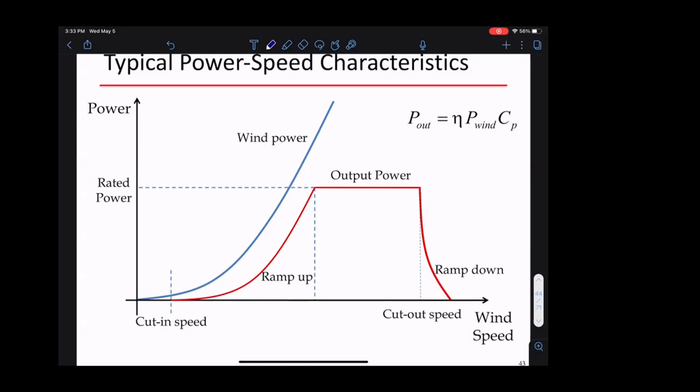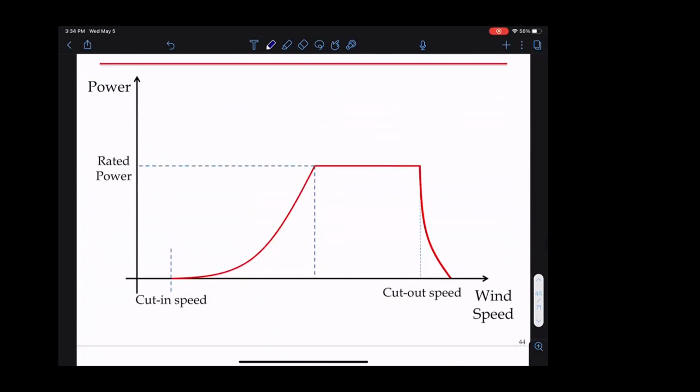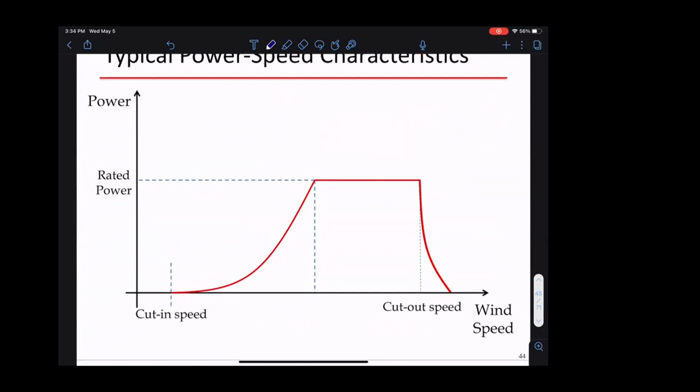Most turbines are rated at some output power. You cannot go larger than your rated power. So you have to stay inside your power rating, and if the wind gets too large, there's too much wind for you to operate, so you have to turn it off. So it's not that the more wind, the more power you generate; you always generate at or less than your rated power for a wind turbine. And so we have this kind of characteristic.